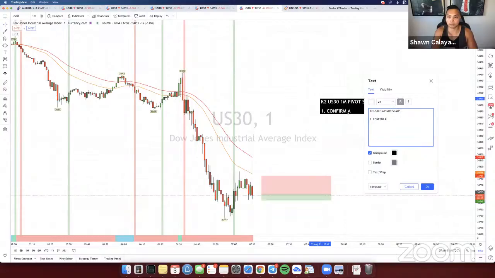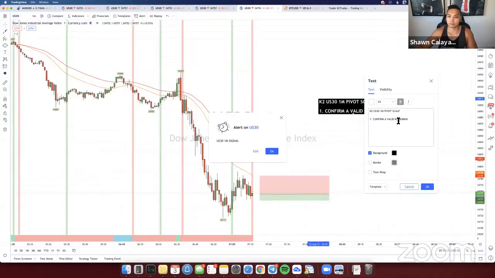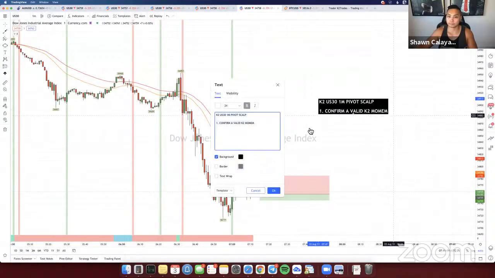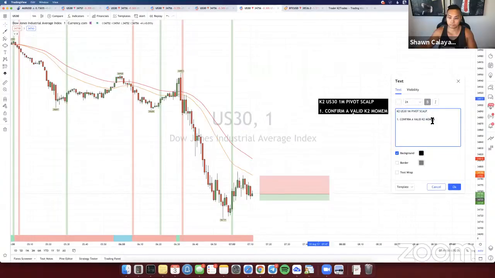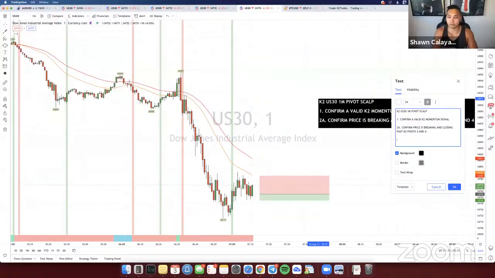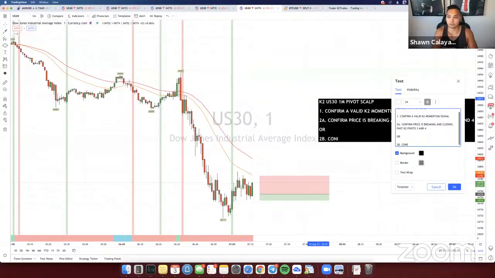So for one, you want to confirm a valid K2 momentum signal. 2A, confirm price is breaking and closing past K2 pivots 3 and 4, or 2B, confirm price is below pivots for a sell, or above for a buy.